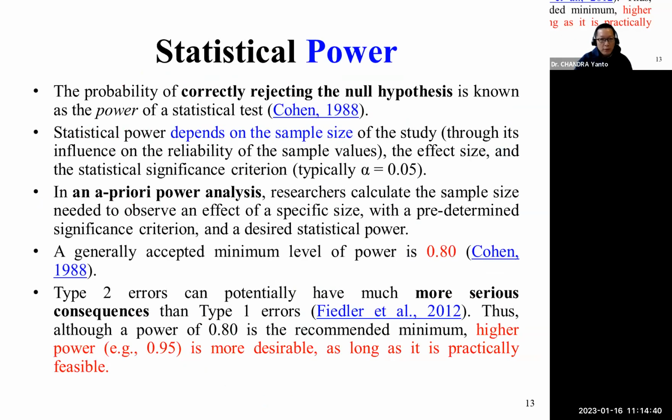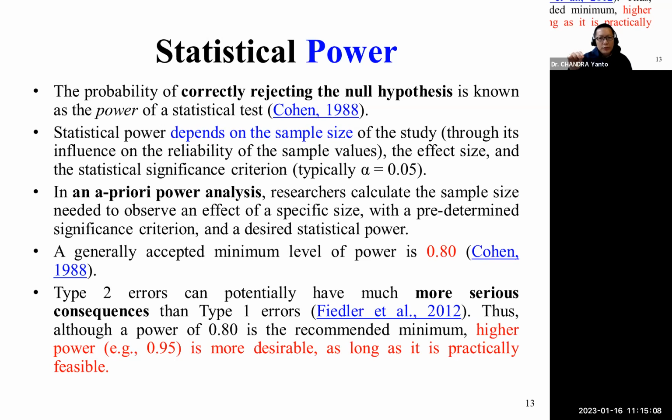Another part is statistical power, which is related to what I've just mentioned earlier on. So power is actually the probability of correctly rejecting the null hypothesis, okay? So when you say, wow, your experiment or your survey has no power, no power means it cannot detect whether the result is true or not true in a very strong, in a very confident way.